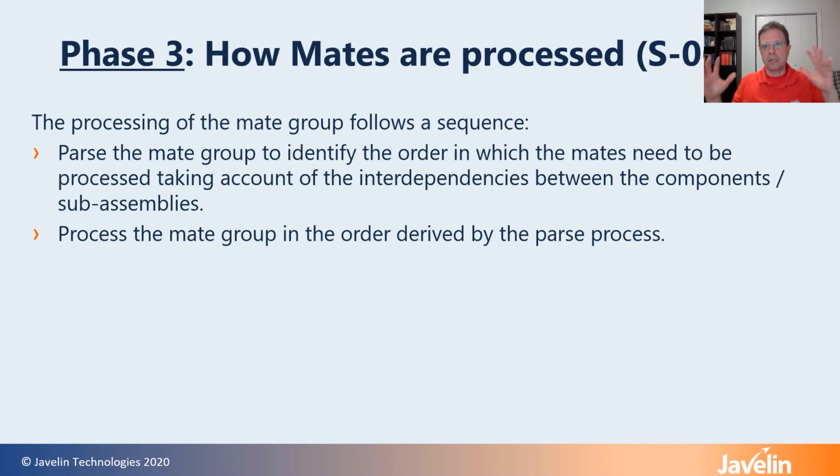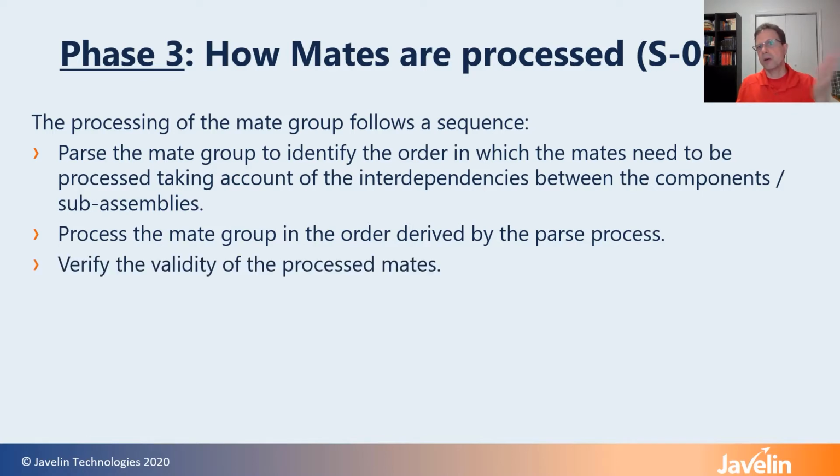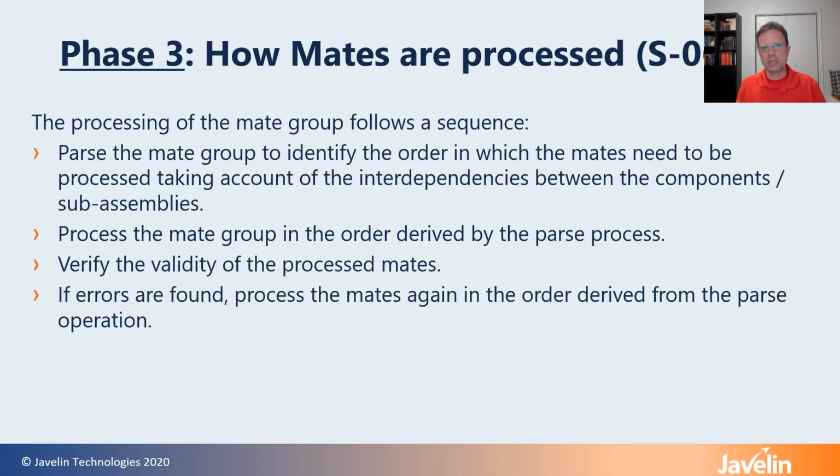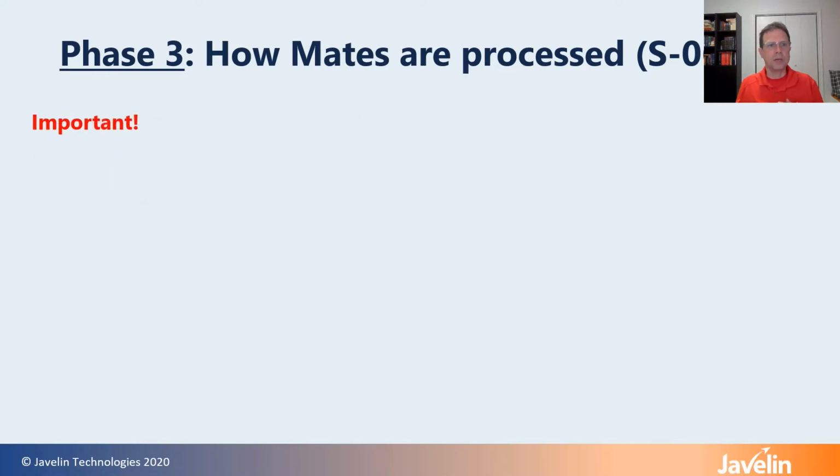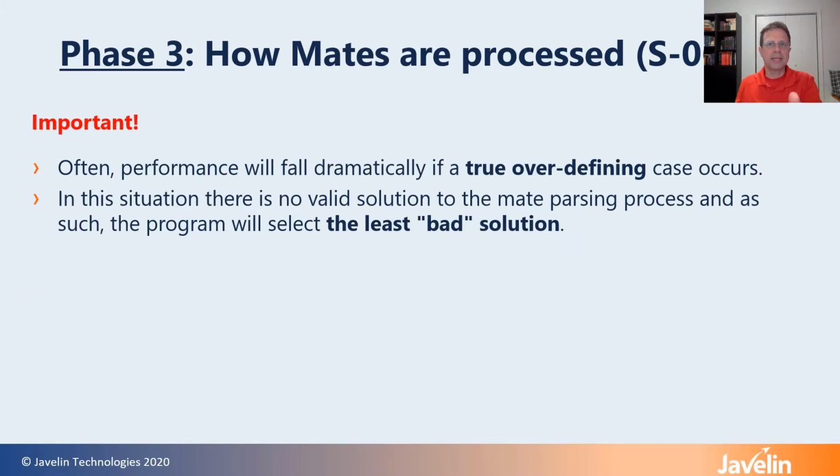Once the mate matrix is identified, so we weed out everything that's not necessary, SOLIDWORKS is going to compute that mate matrix. The problem is if you have errors in the mate matrix, you're going to have to wait, because SOLIDWORKS is going to try all the possible pairings of the mates until it gives up and gives you the error. So this is exactly what this slide shows.